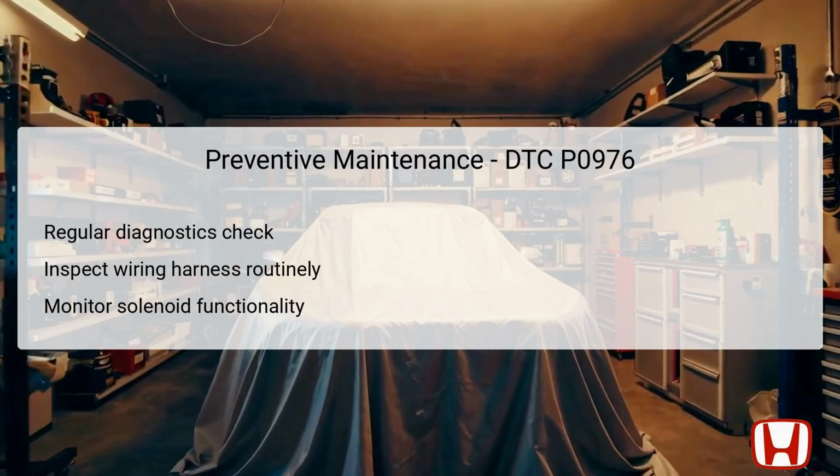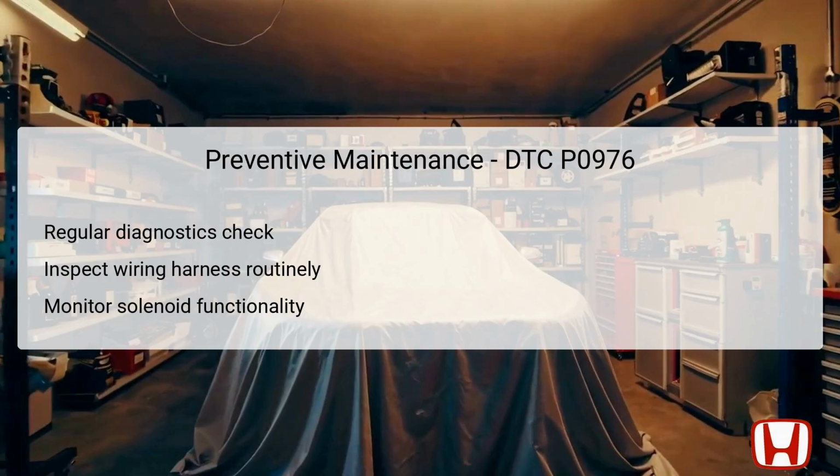Preventive maintenance is key to avoiding future occurrences of DTC P0976. Regular diagnostic checks can help catch issues before they escalate into larger problems, providing peace of mind regarding your vehicle's performance. Inspecting the wiring harness routinely for wear and tear, corrosion, or loose connectors can significantly reduce the risk of electrical failures.